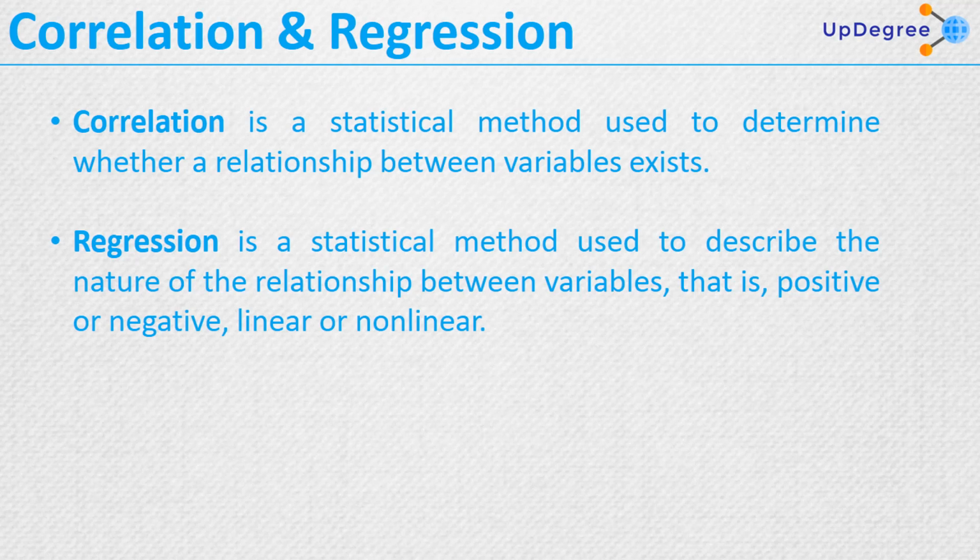And y is the dependent variable, the final exam marks. In between x and y, the nature of the relationship, positive or negative, linear or non-linear, will be decided in our regression.